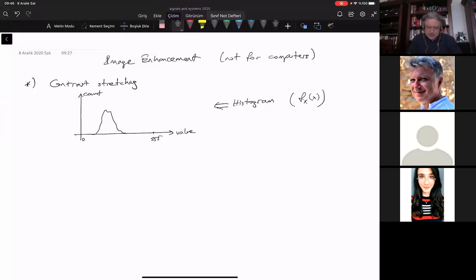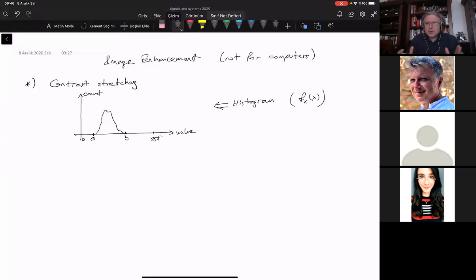If it looks like this, then you see that these points A and B are the darkest and the lightest points of your image. So what you may want to do is improve the visualization of this one, visualization only, because you cannot really alter anything for the recognition processes, as I have indicated before.